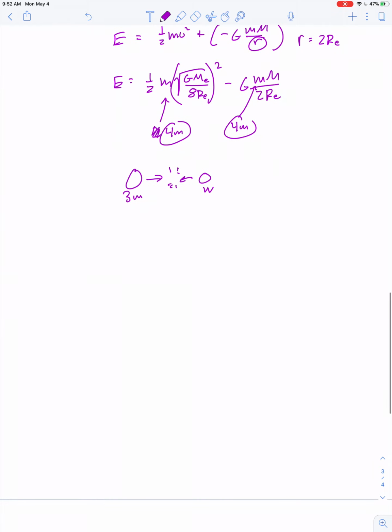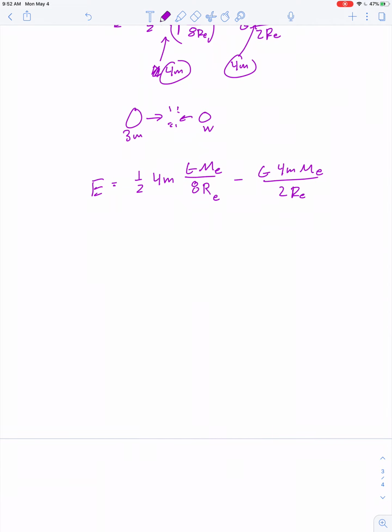So when we plug this all in, we get E equals 1/2 times 4m times G big M over 8 capital R minus G times 4m times capital M over 2R.